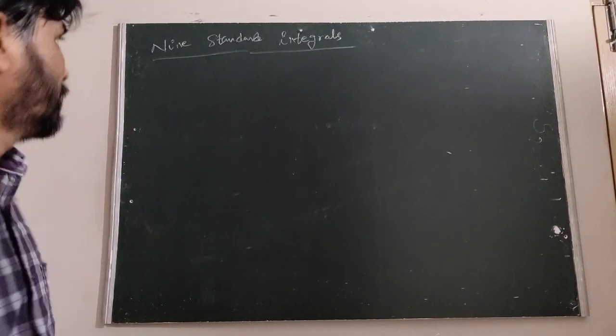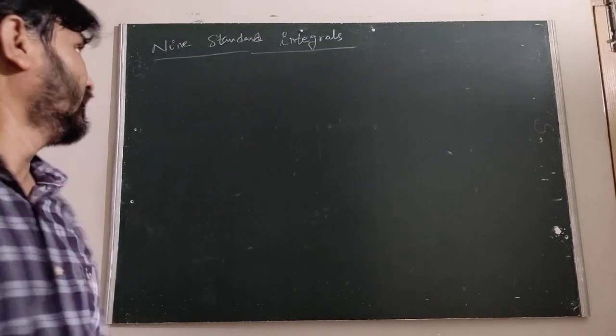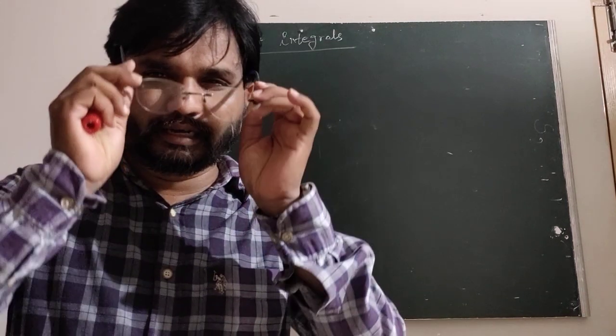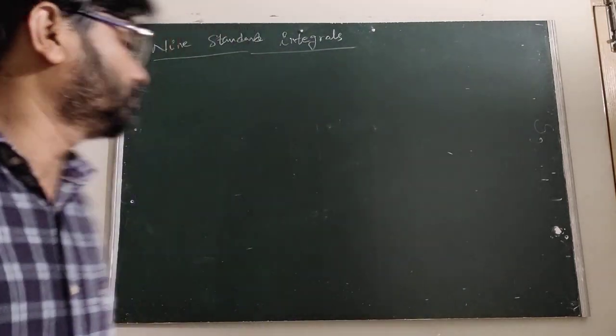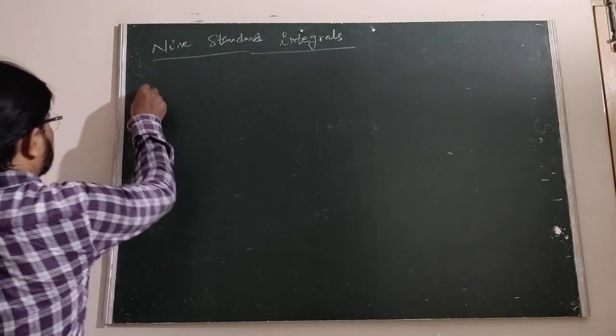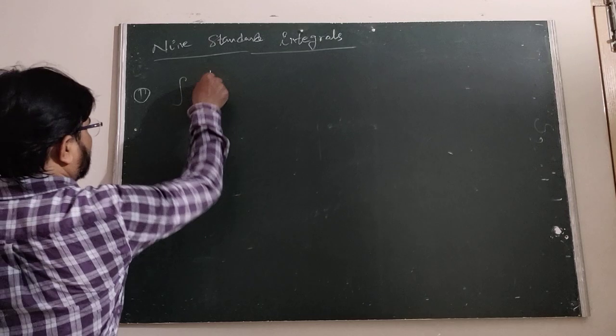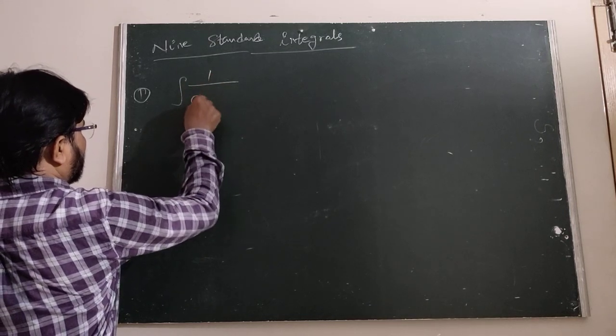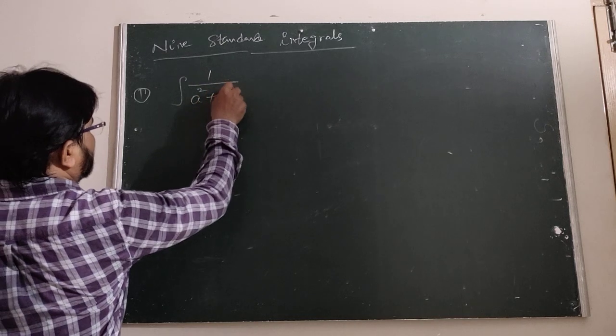Now we are going to discuss the 9 standard integrals. The first one is the integral of 1 by either x square plus a square or a square plus x square.